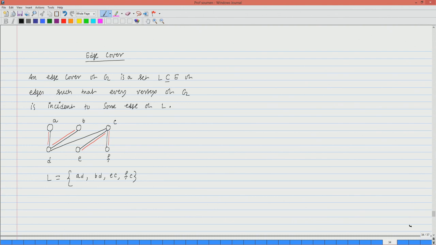These two vertices are covered by this edge, B and D are covered by the edge BD, C and E are covered by this edge EC, and F is covered by the edge FC. So, this is an edge cover, and it's a minimization problem. So, this is a minimum edge cover.